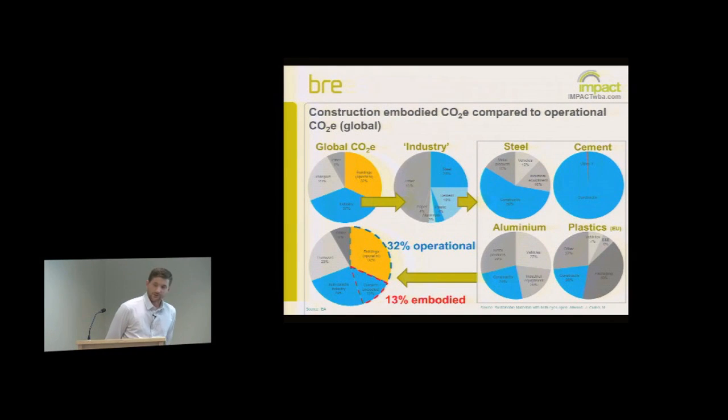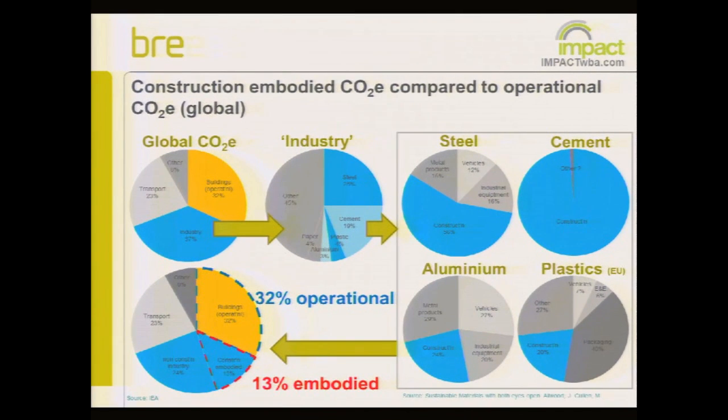So here, the top left pie chart is annual global CO2 emissions. Buildings in terms of operational, so that's energy, water, and heating, cooling, that kind of thing, is the yellow section. That's 32%. 37% is industry globally, and that contains the production of construction materials. And if we break industry down, around half of it is attributed to the 4 main materials we've looked at in the previous slide.